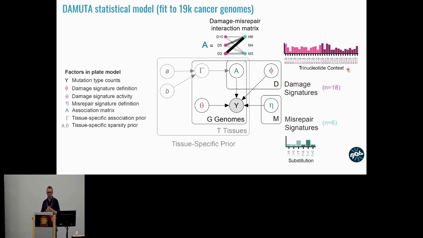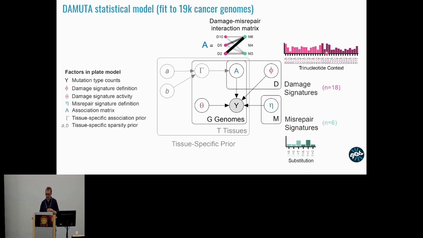Fitting this model to data from 19,000 whole genome sequences, she came up with, stably, about 18 damage signatures and 6 misrepair signatures, which is a much more efficient representation of this process than what is now in the hundreds of SBS mutation signatures.